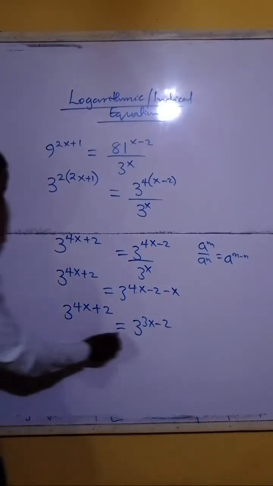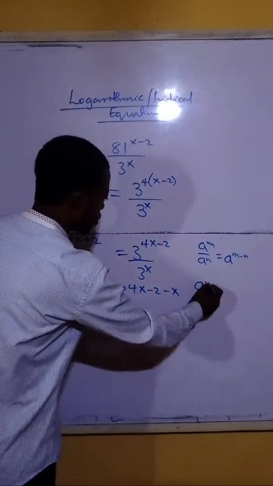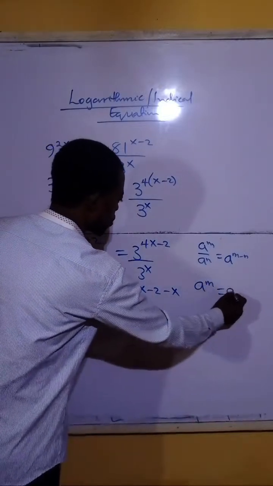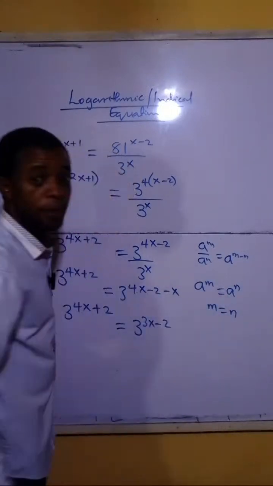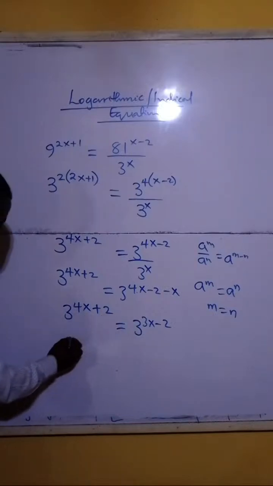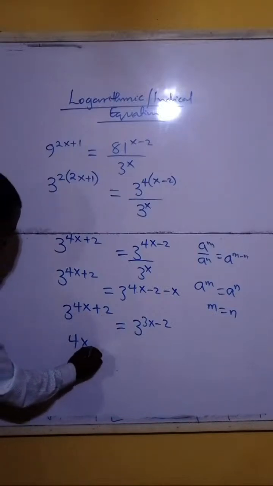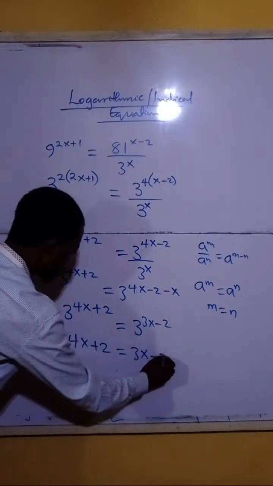Then we have the same base. It implies we can equate the power here. When we have a raised to power m equals a raised to power n, we can say that m is equal to n. That is, we equate this and we have 4x plus 2 equals 3x minus 2.